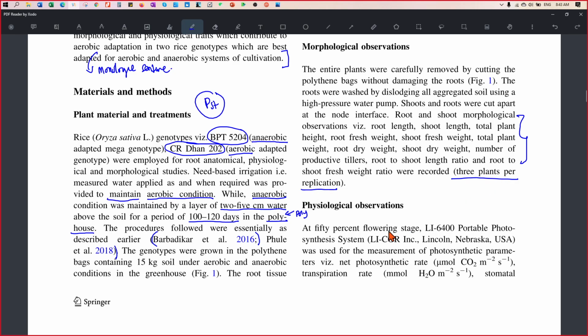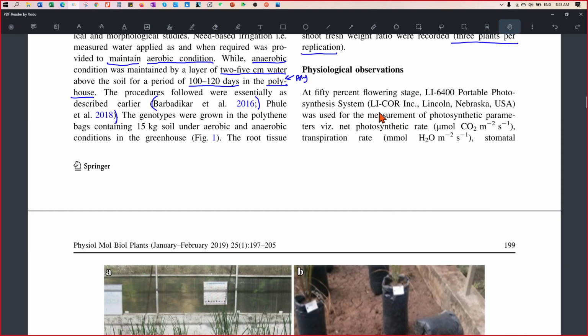Okay, what about the physiological observations? So they use 50% of flowering stage. This is very important, meaning is there any rice? No rice yet, just the flower, which is only 50%.